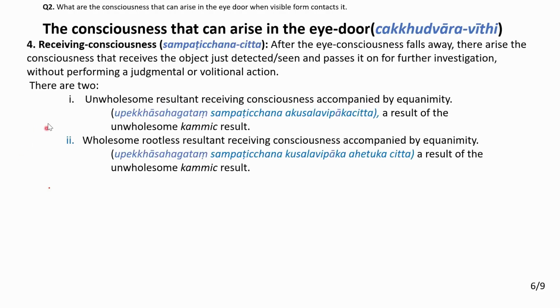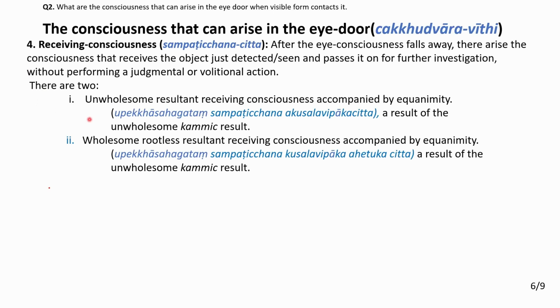Okay, 4. Receiving consciousness, Sampaticchana Citta. After the eye consciousness falls away, there arises the consciousness that receives the object as detected or seen and passes it on for further investigation without performing any judgmental or volitional act.